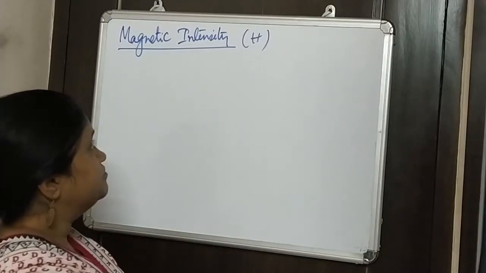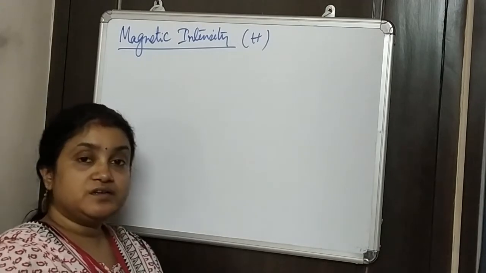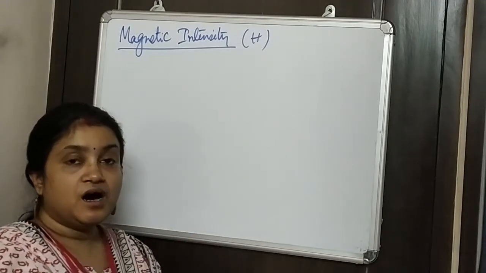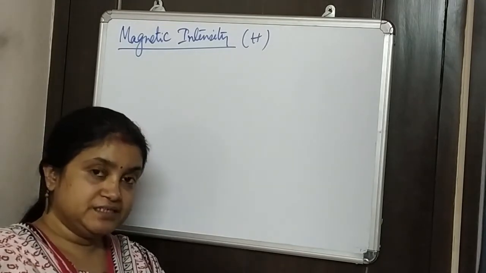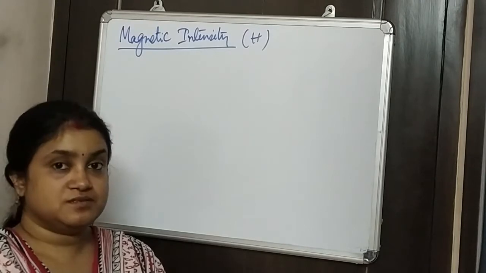Now coming to magnetic intensity. Magnetic intensity is a quantity which says how much a magnetic field can magnetize a particular substance.